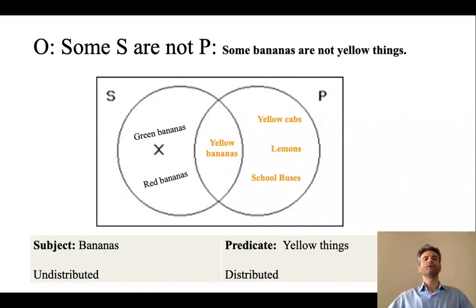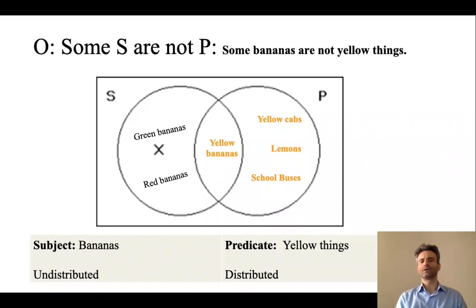The fourth one is the O form that states some S are not P. So how many members of bananas are not members of yellow things? Only some, not all of them. Consequently, the subject is undistributed. But on the other side, we have the category of yellow things.